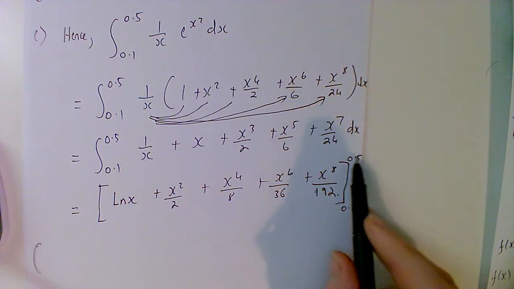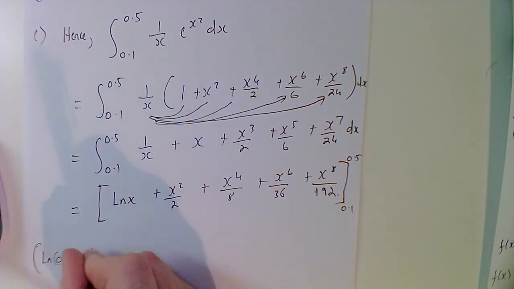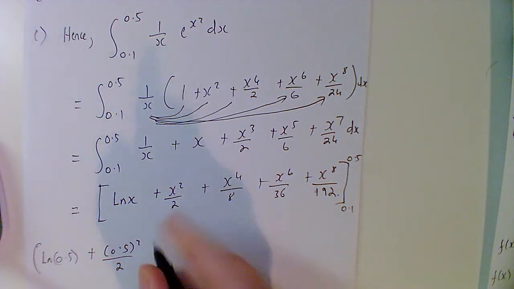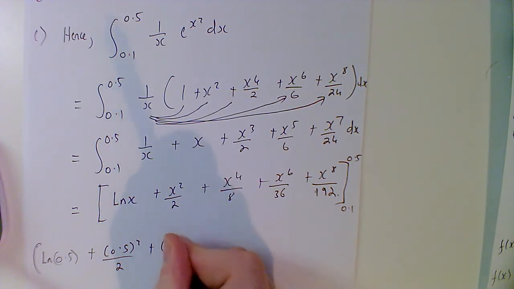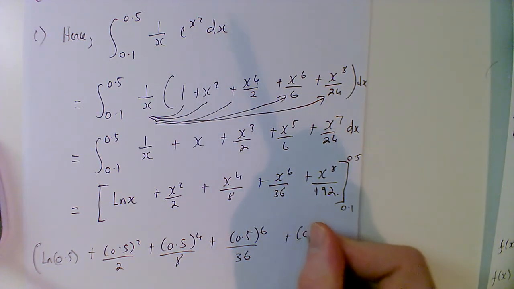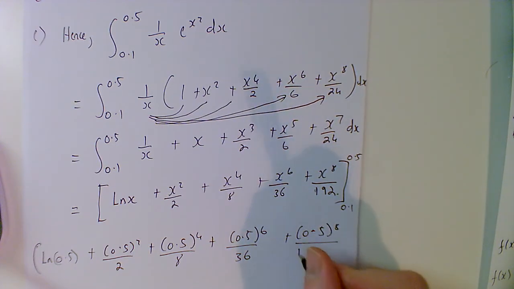Right, okay, so we're now swapping in 0.5 and 0.1, so ln 0.5 plus 0.5 squared over 2 plus 0.5 to the power of 4 over 8 plus 0.5 to the power of 6 over 36 plus 0.5 to the power of 8 over 192.